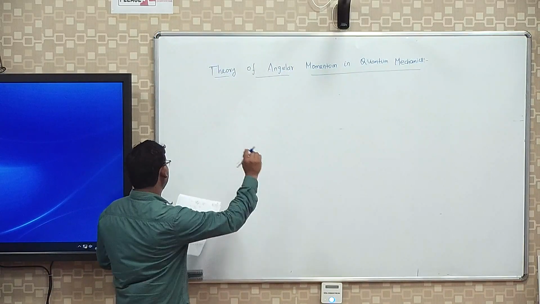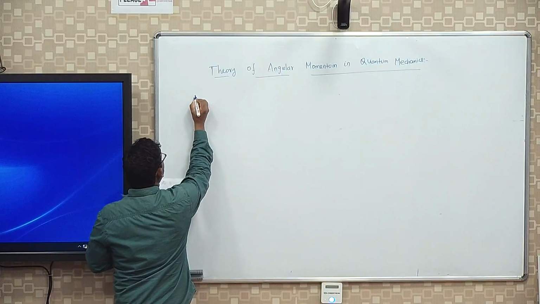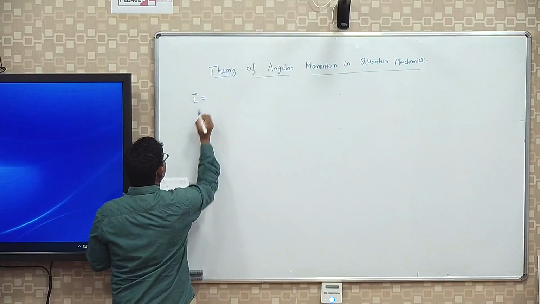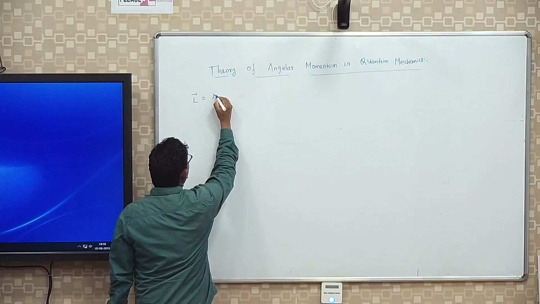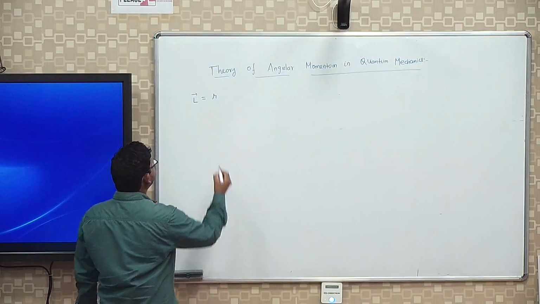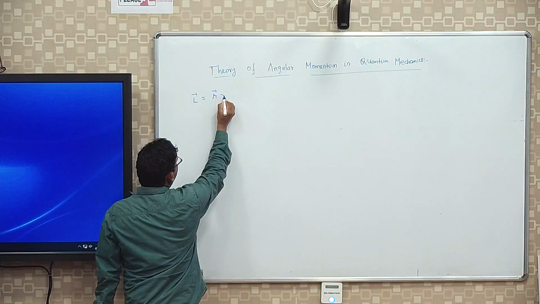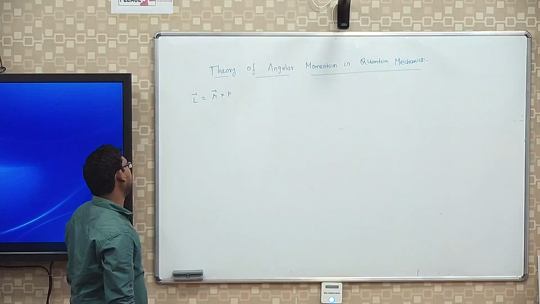In general, the equation for the orbital angular momentum L vector is written such that the radius vector R of the moving particle makes a vector product with the linear momentum of that particular particle.